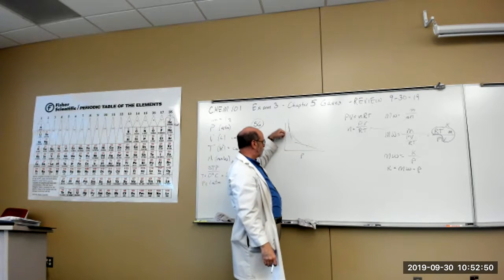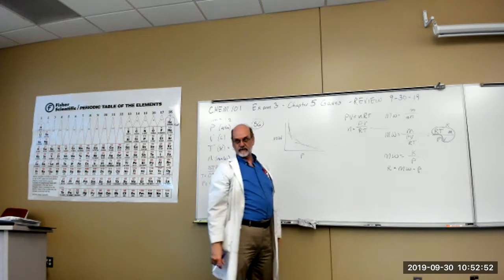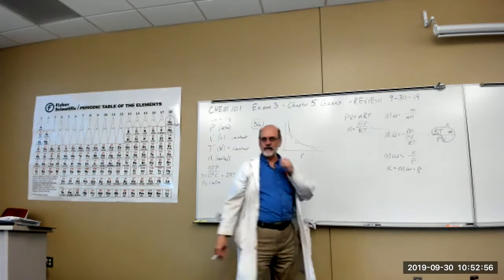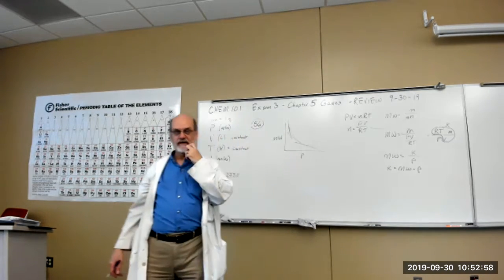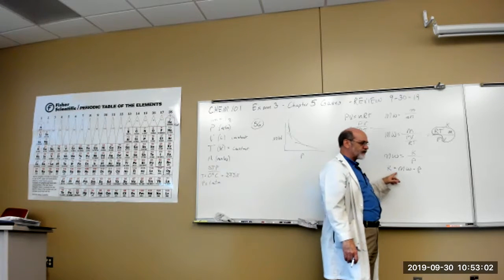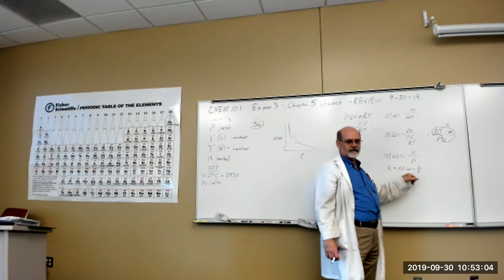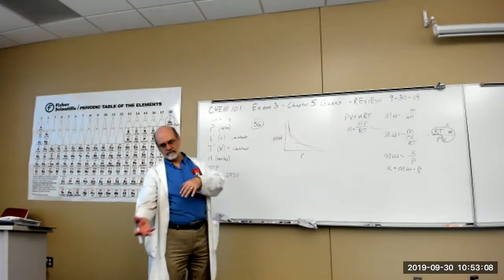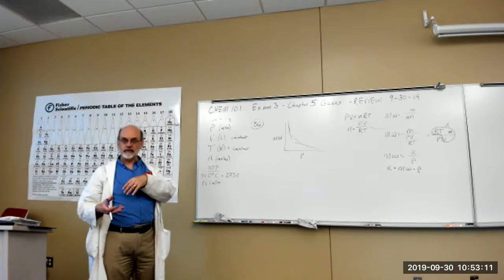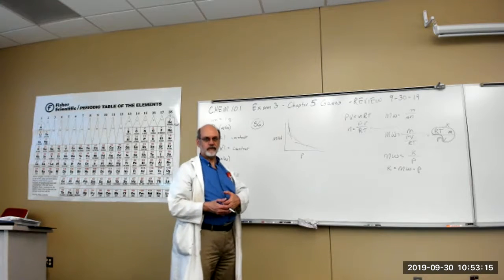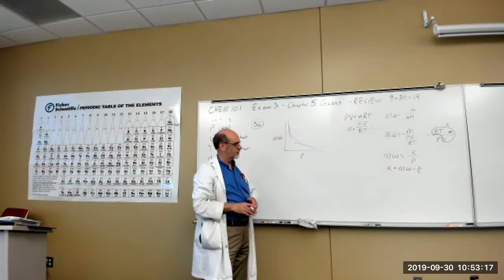But regardless of how they change, they're all negative, right? And negative slope means inverse relationship. And we always get an inverse relationship when a constant is equal to a product of variables. Unlike Charles' law, which is a constant equals a quotient of variables. Quotients are always direct relation, and they're positive slope.